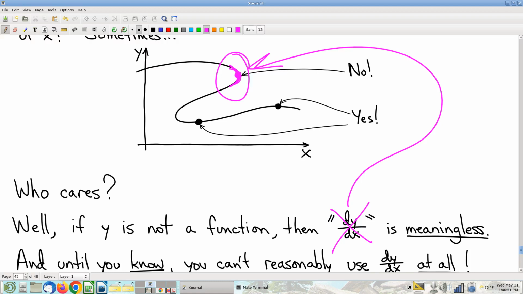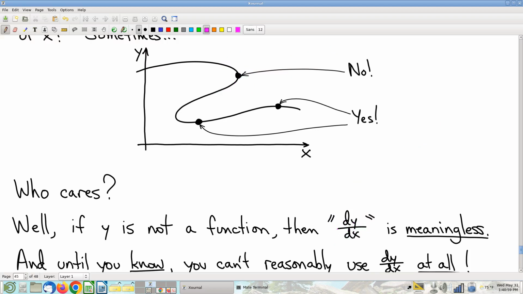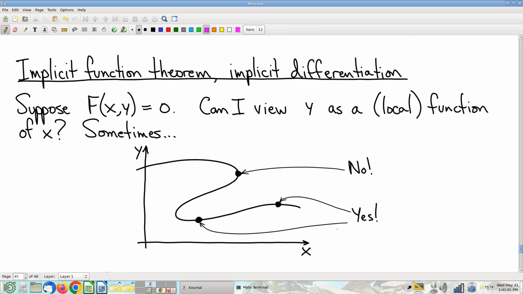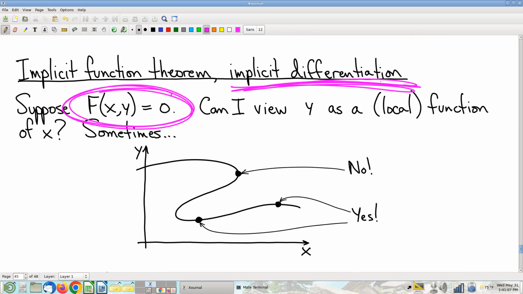It's not a function. You can't take the derivative of it. So, here's the problem then. When we have some equation like this, we like to do implicit differentiation and start tossing around derivatives of this and that, applying the chain rule here and there, and we'll be writing down dy/dx like that's a thing, like that's meaningful.